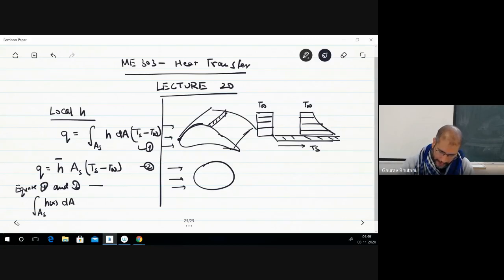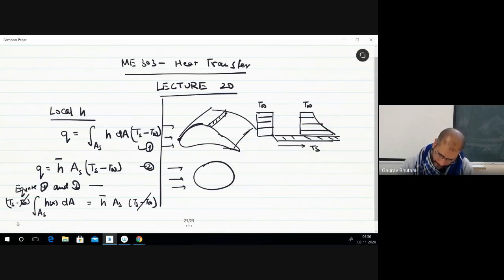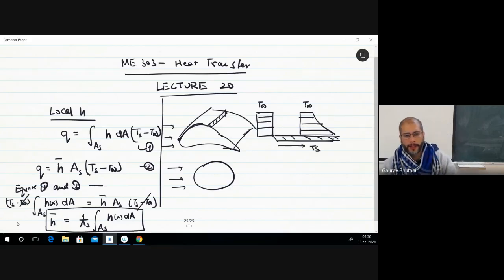Then you have a dA, but Ts minus T infinity can be taken out. So this cancels. And then we have our h bar.